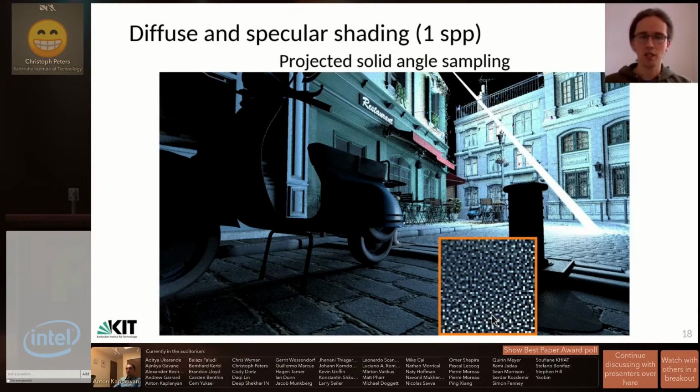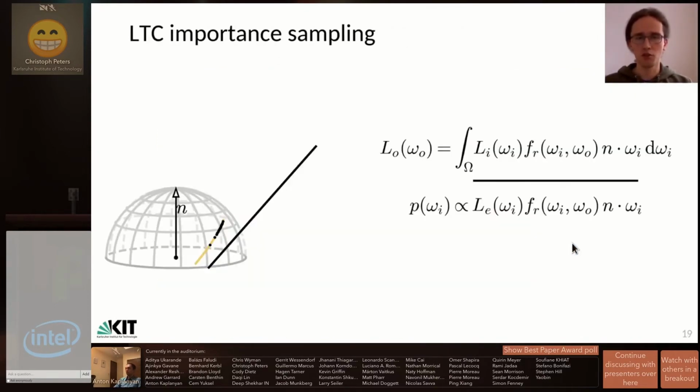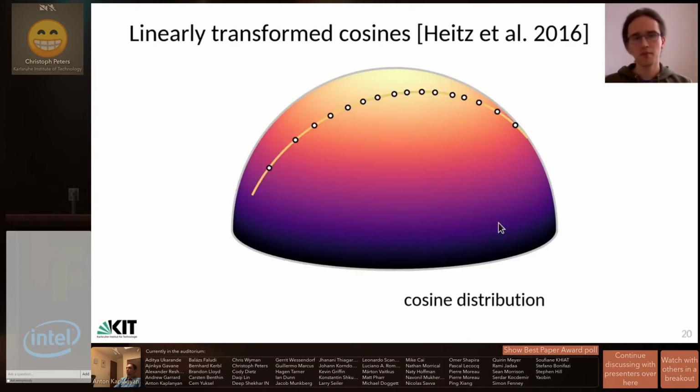However, if we look at the specular highlight, the picture is much worse because we haven't really done anything to sample proportional to the BRDF. So our next goal is to improve upon that. We now want to sample proportional to all terms in the rendering equation except for the visibility term. This may seem like a very hard problem, but with what we have so far, it's actually quite easy.